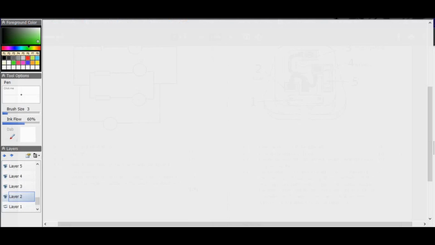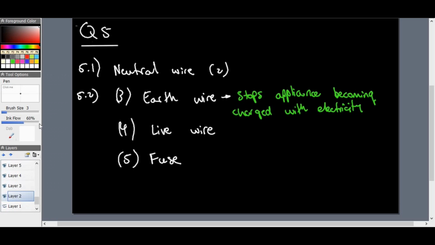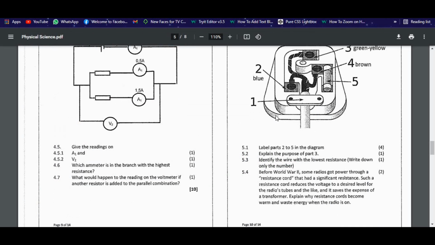Write down only the number. Okay, so 5.3, let's go back to the diagram. Which wire has the lowest resistance? Just the number.